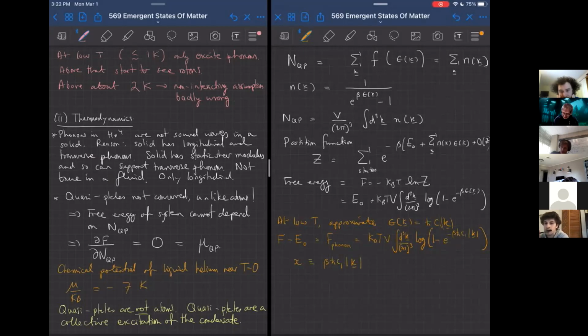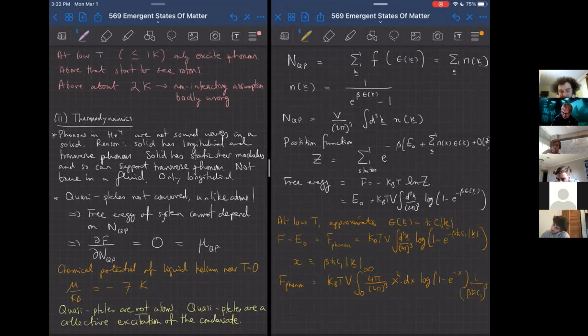If I do that, then F_phonon is equal to k_B T V, the integral from 0 to infinity, 4 pi over 2 pi cubed. Now I'm just writing d^3k as 4 pi k squared dk, so this ends up being x squared dx times the logarithm of 1 minus e to the minus x, divided by (beta h bar c_1) cubed.